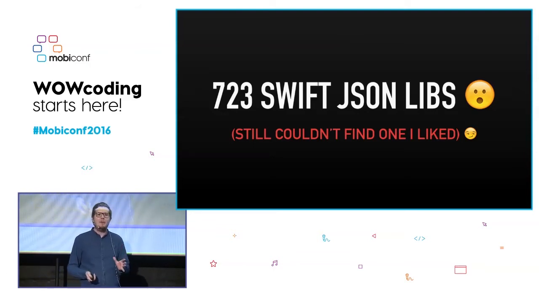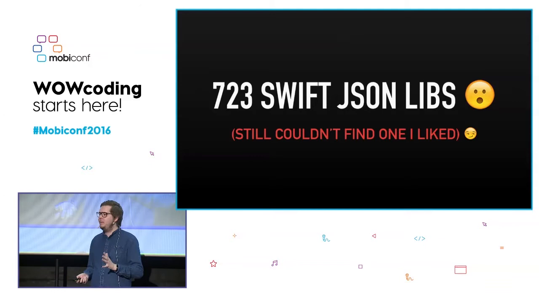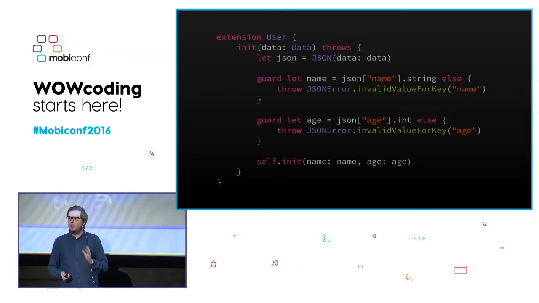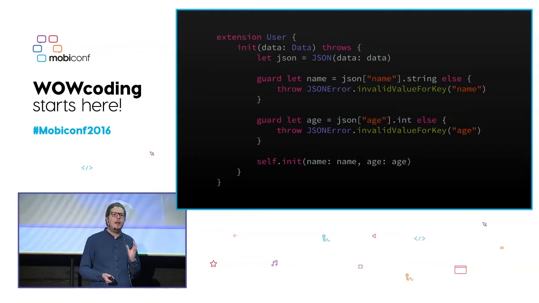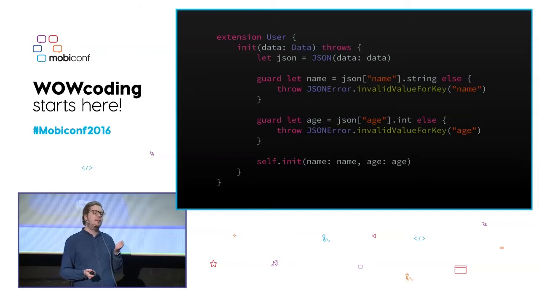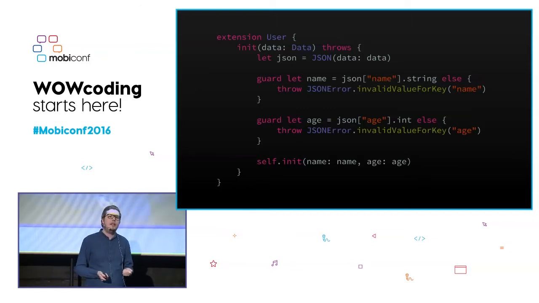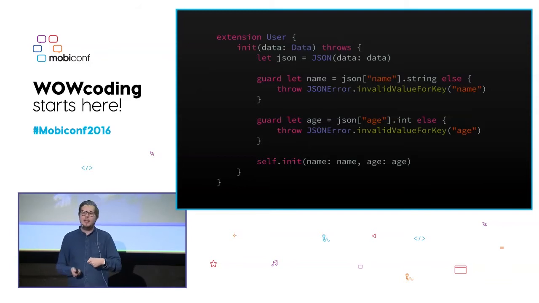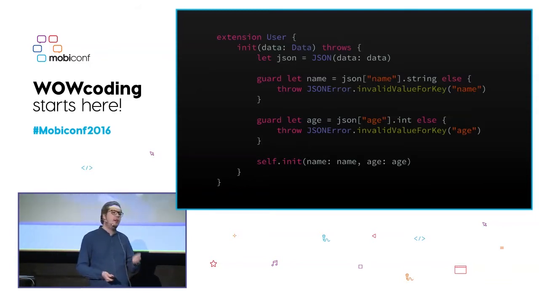The libraries that I found could pretty much be divided into one of three categories. The first category were libraries or APIs that basically provided a convenience over the standard dictionary. Instead of having to deal with a dictionary directly, you got this first-class JSON object that you could just handle in your code. And you got these .string and .int, so you didn't have to do this conditional casting.